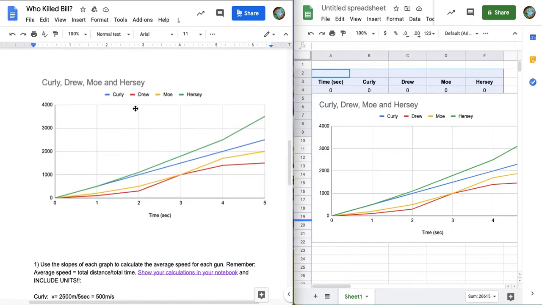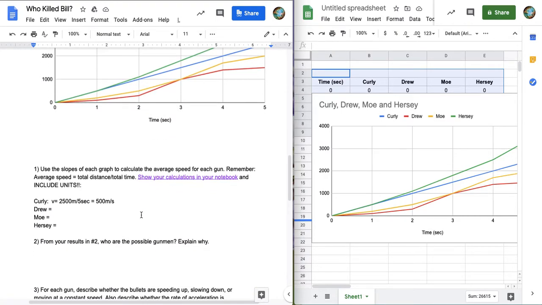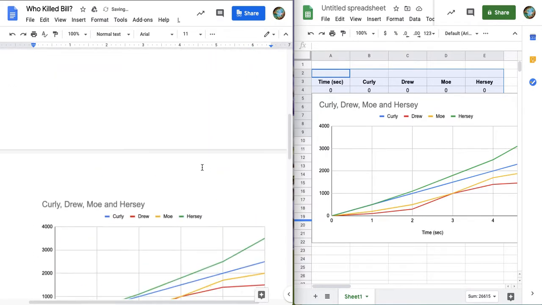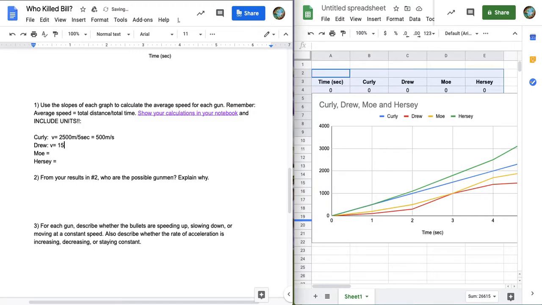Now for Drew, we're going to do the same thing. Drew's bullet covered a distance of 1,500 meters in 5 seconds. So that's what I'm going to put right here. So Drew's velocity is going to be 1,500 meters, and I'm going to divide it by the time, which is 5 seconds.